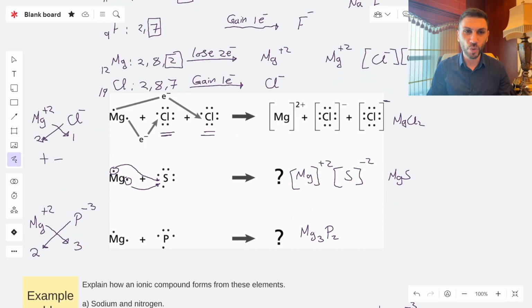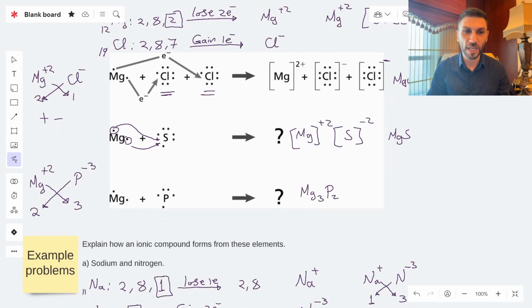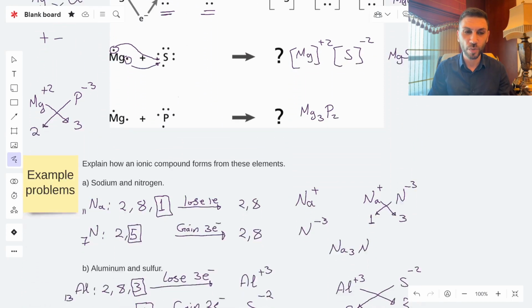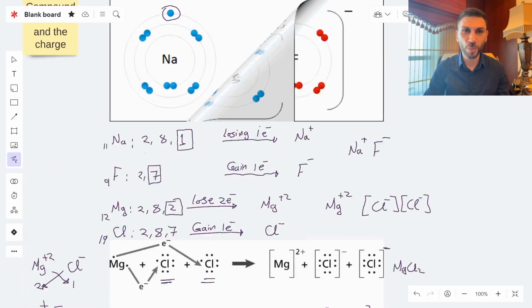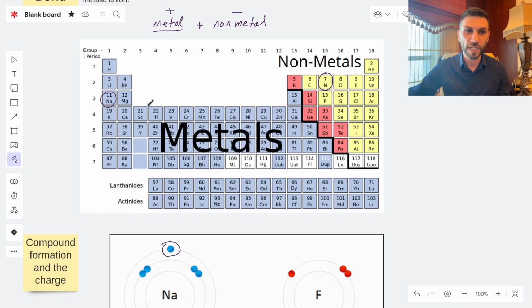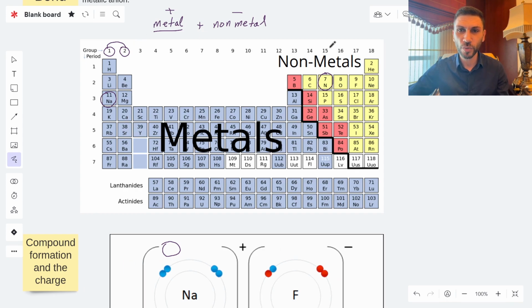We took two examples here about Mg with sulfur and Mg with phosphorus. We solved two example problems about sodium and nitrogen, aluminum and sulfur. Now, what I recommend you guys is to look at the periodic table and try to do any ionic bond between group number 1 and 2 metals, and try to do it with group number 15, 16, and 17 nonmetals.